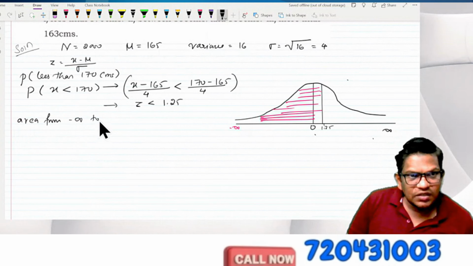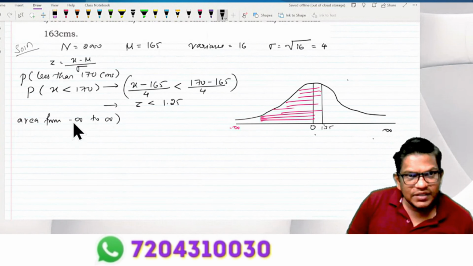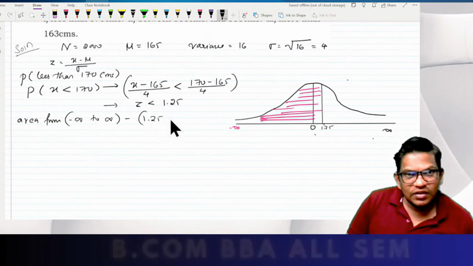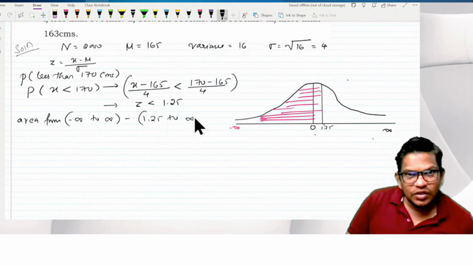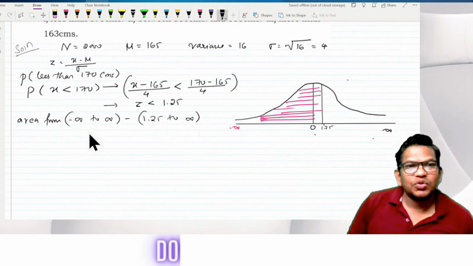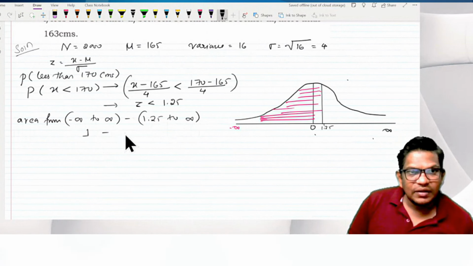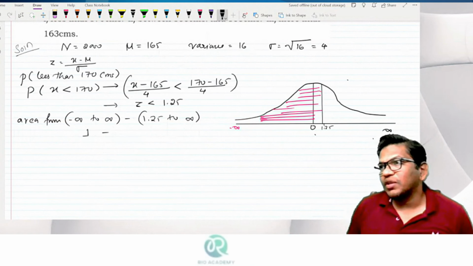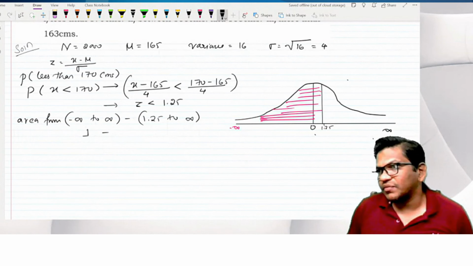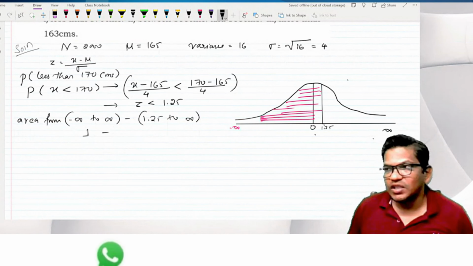Minus infinity to plus infinity. Out of that, we are going to subtract what, bacho? 1.25 to infinity. So this will be 1 minus. Now the infinity area we have to check.